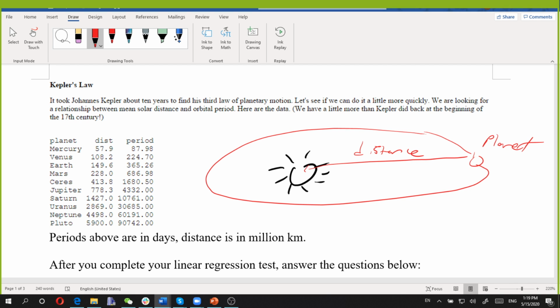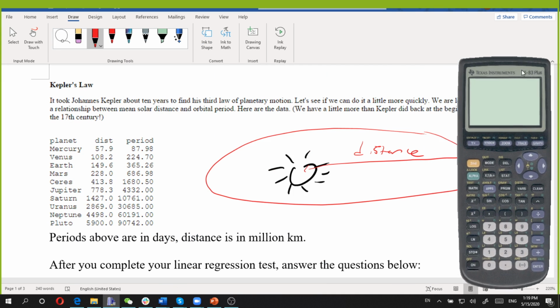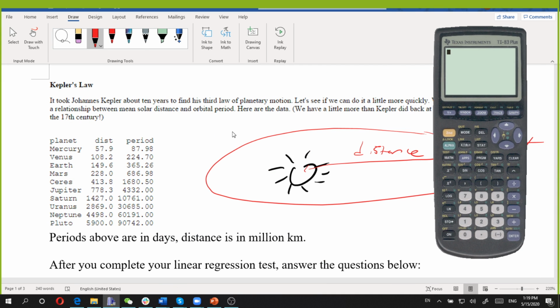Let's go Aileen. In our calculators, if I want to do a linear regression t-test with this data, what's the first thing that I would have to do?